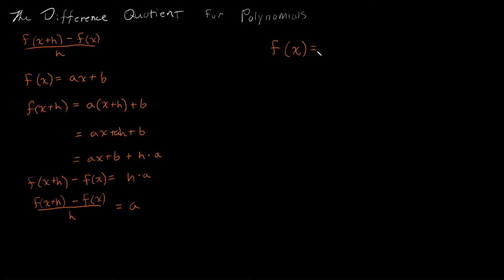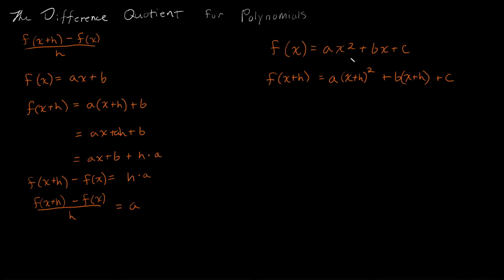f of x is equal to ax squared plus bx plus c, and then f of x plus h is equal to a times x plus h in parentheses, because it's in parentheses over here, just always write it in parentheses, plus b times x plus h, notice that is not the same as that, plus c.